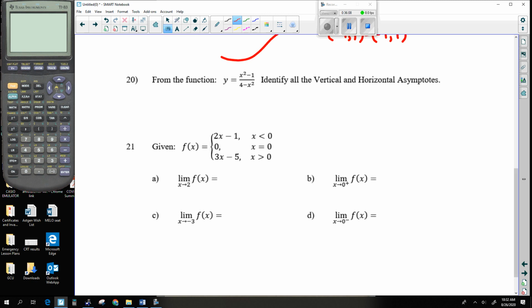From the function, identify all the vertical and horizontal asymptotes. So verticals are bottoms that don't drop. So let's factor this. The numerator is x plus 1 minus 1, and the denominator is 2 plus x minus x.